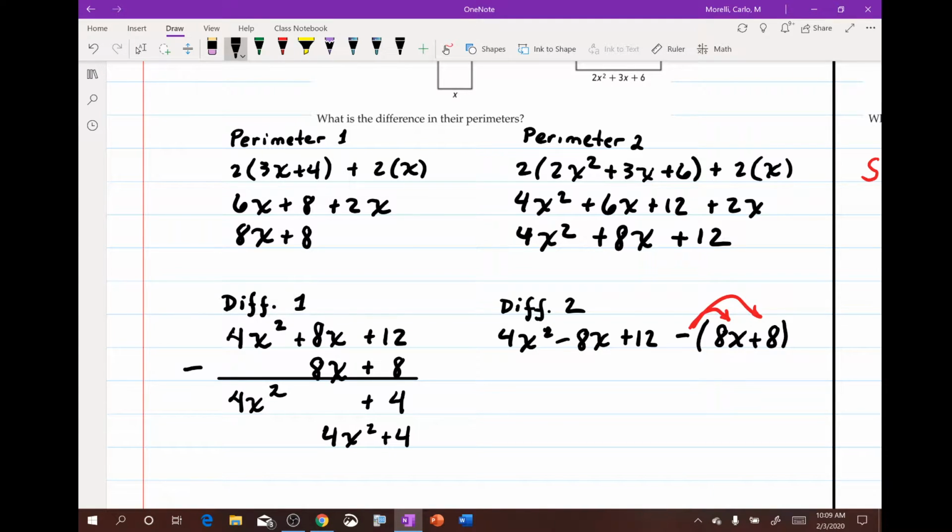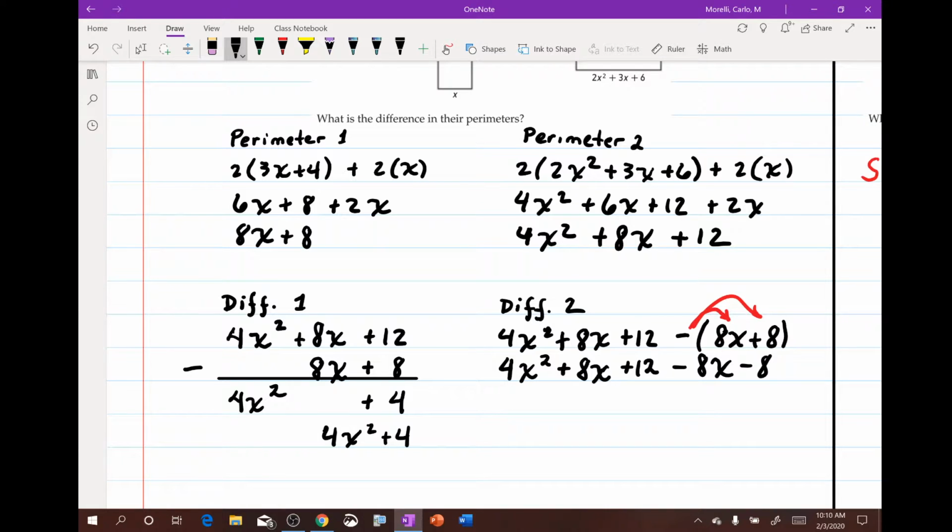So, 4x squared plus 8x plus 12 minus 8x minus 8. Combine like terms and simplify.